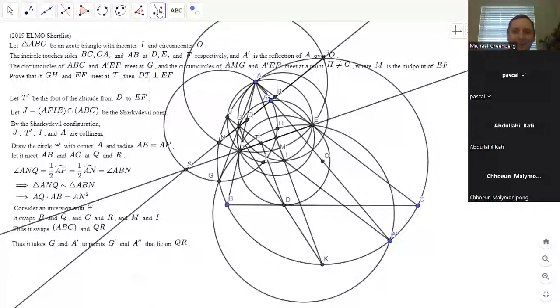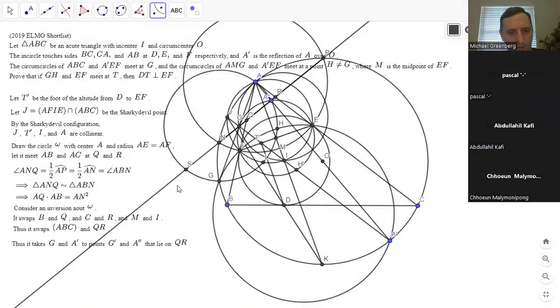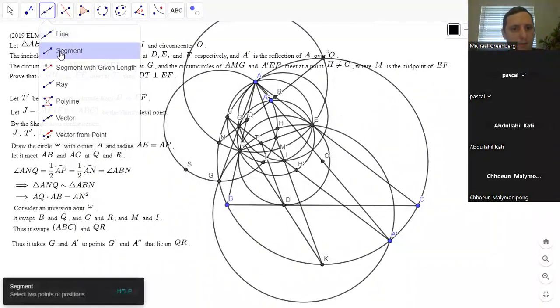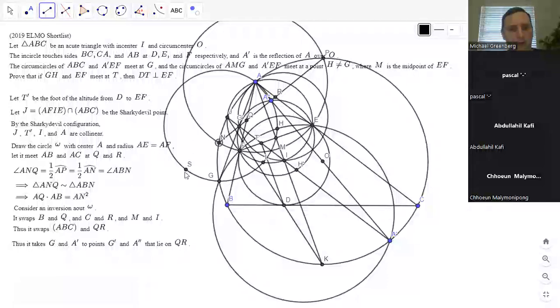Sorry, this is so confusing, but I think it works. All right, let's hold on a second. So much inversion, right?